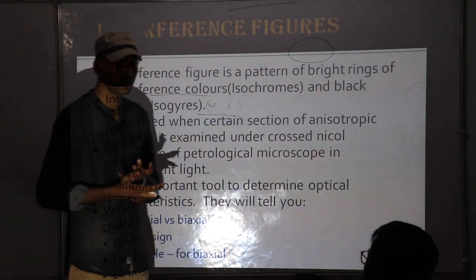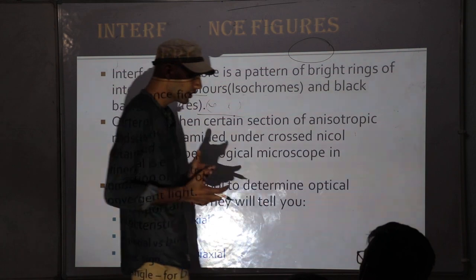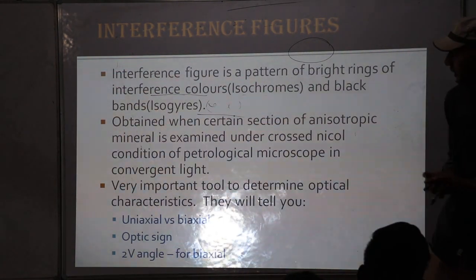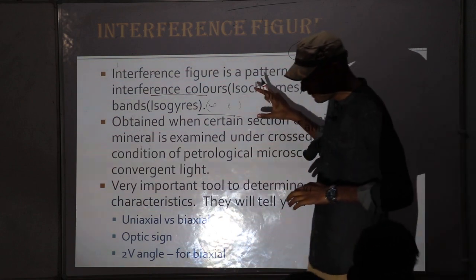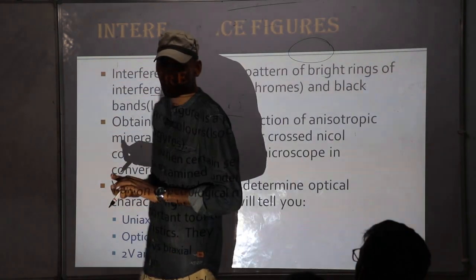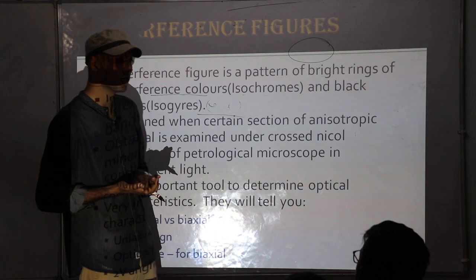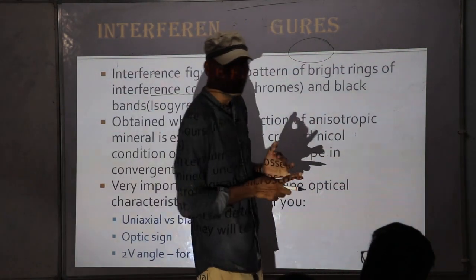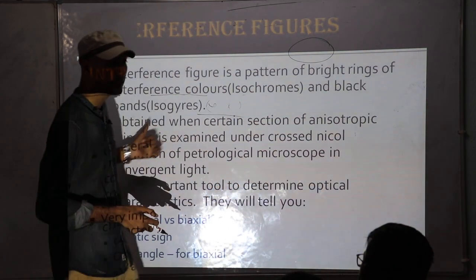Alternating interference and extinction. See, let me clear that. If we are viewing in orthoscopic arrangement, that is the general setup of the microscope, either you can see the interference or you can see the extinction.